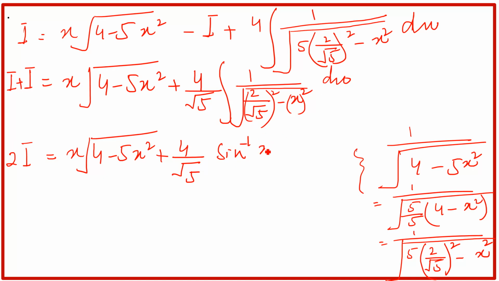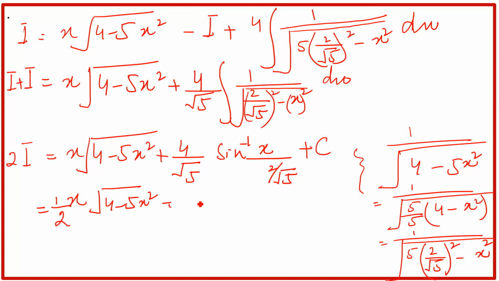So by chance it is x, and a is 2 divided by under root 5, plus c. So this is 2I. You have to divide this by 2, so 1 over 2, x under root 4 minus 5x square plus 4, this is 2, right? And then under root 5 sine inverse x over 2 under root 5 plus 1 over 2 c.